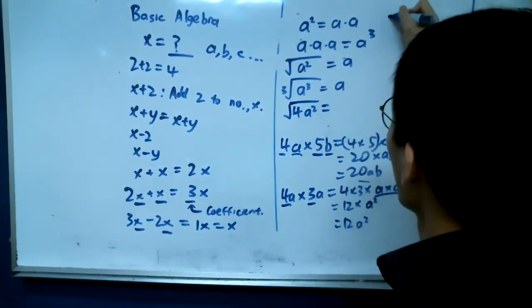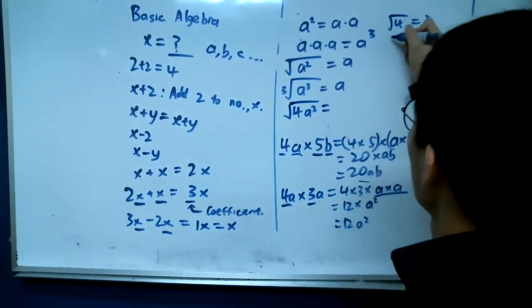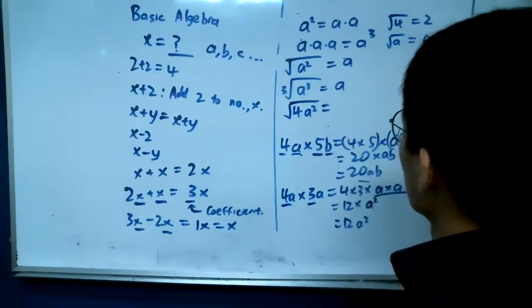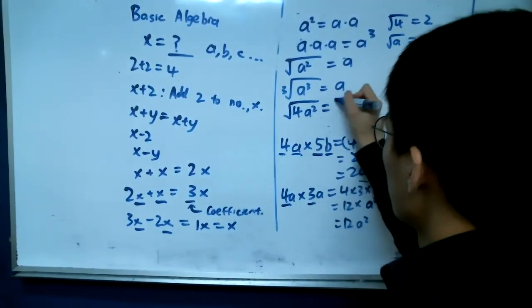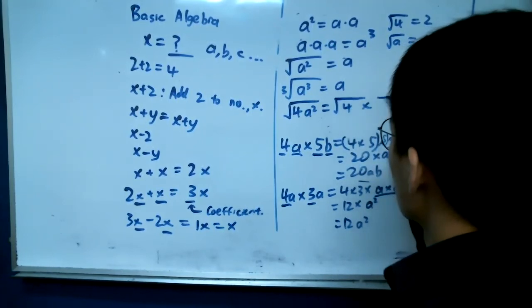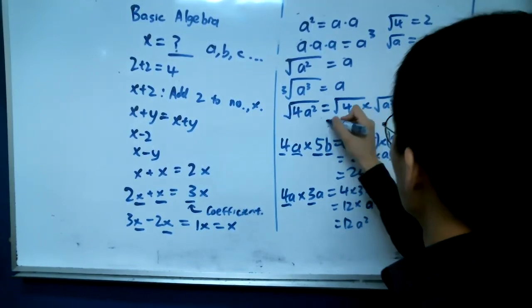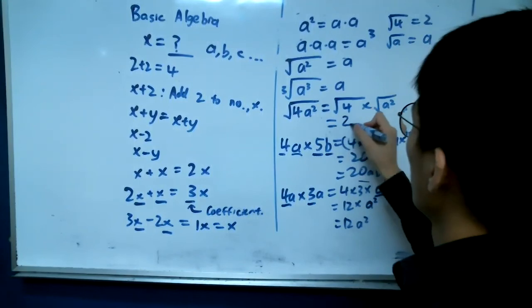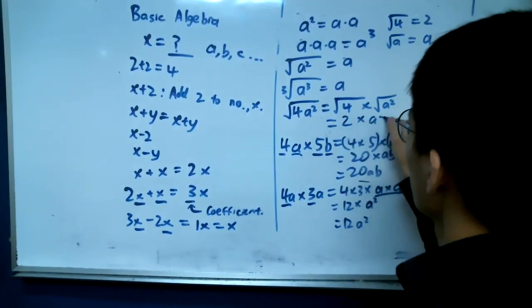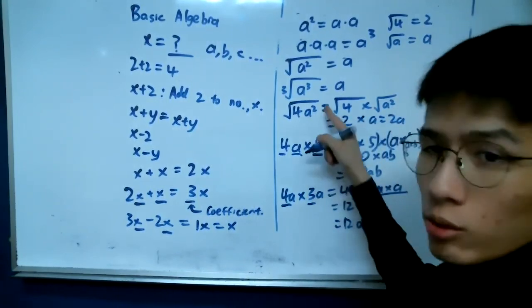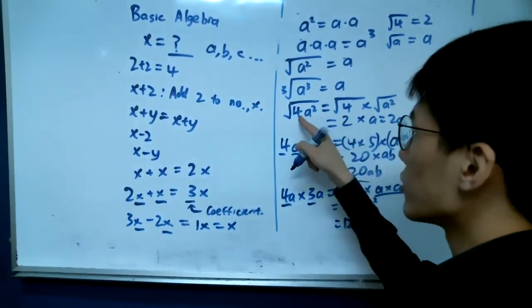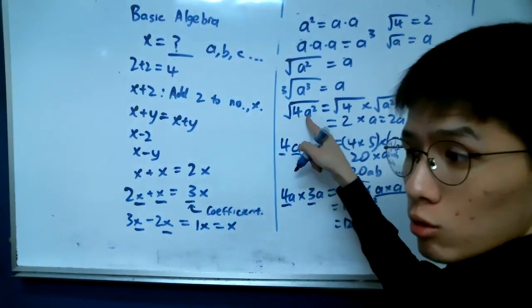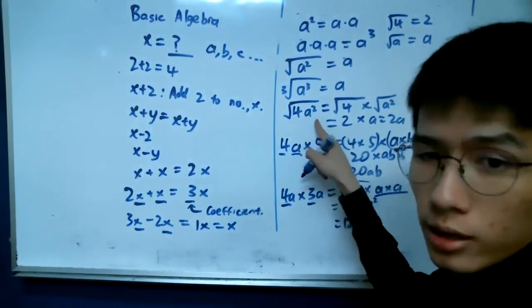Well, we know square root 4 is equal to 2, and we know square root of a squared is equal to a. Root 4a squared can be rewritten as root 4 times root a squared, which is equal to just 2 times a. So when we square root or cube root in algebra, we have to account for both the coefficient and also the algebraic part.